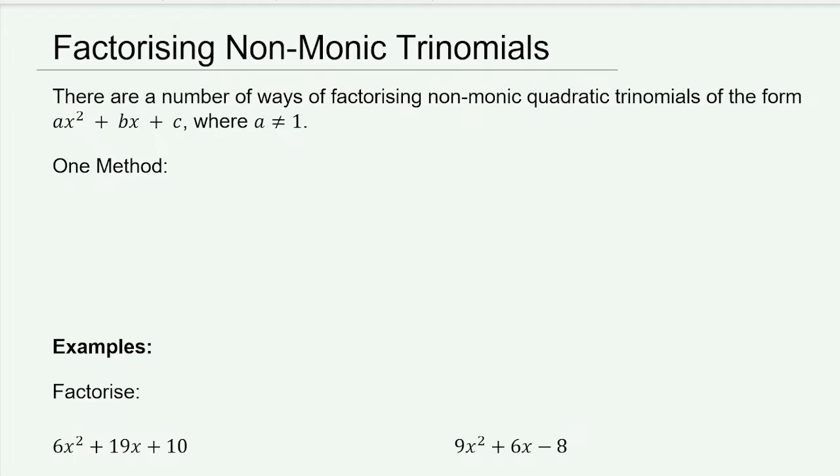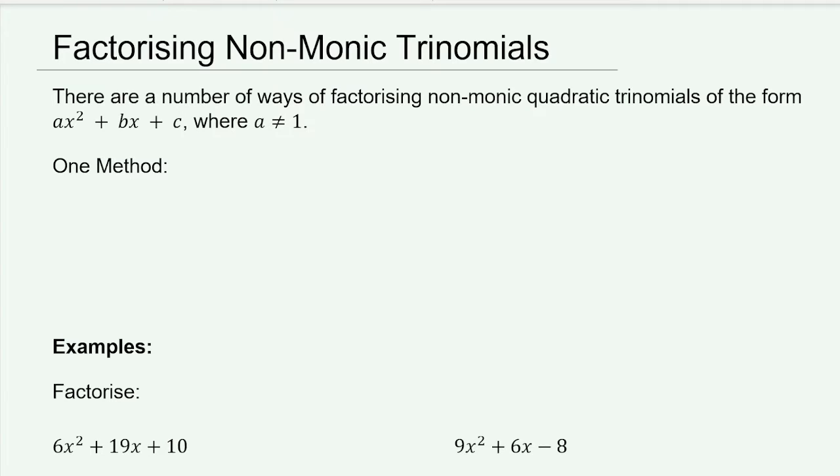In the past we have factorized different types of expressions. We've also factorized monic trinomials, and now we're looking at non-monic trinomials. Monic is where a equals 1, so the coefficient of x squared is 1.